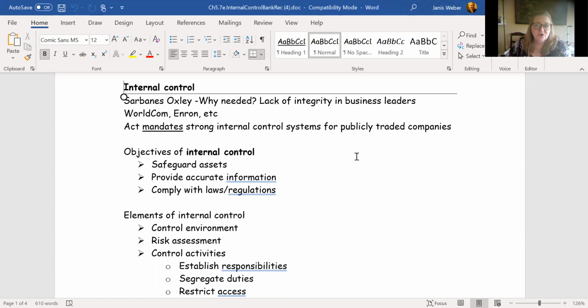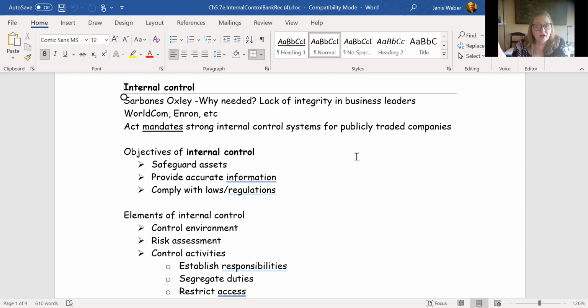And basically, it's just a mandate that accountants must be stricter about their control factors, making sure the company has in place some policies that can take care of these objectives of internal control, like safeguarding assets, providing accurate information, and complying with the laws and regulations that are in place.